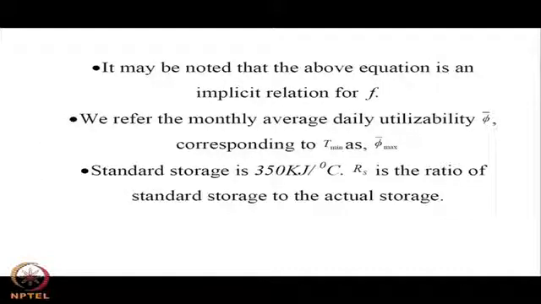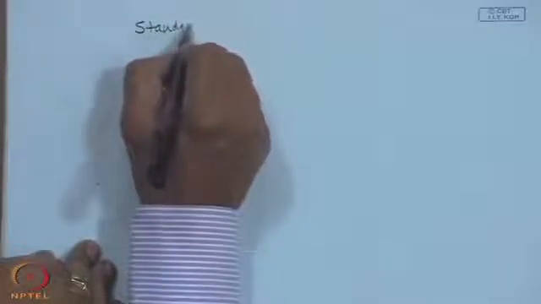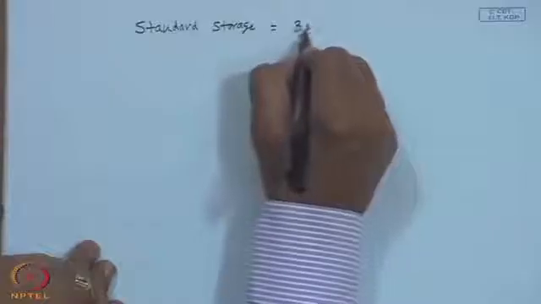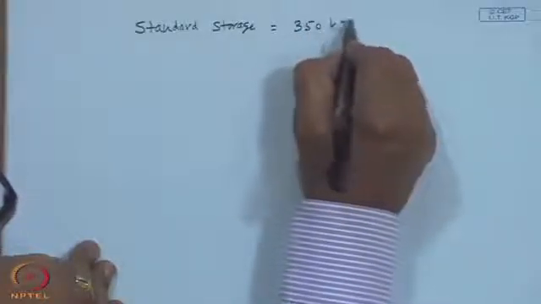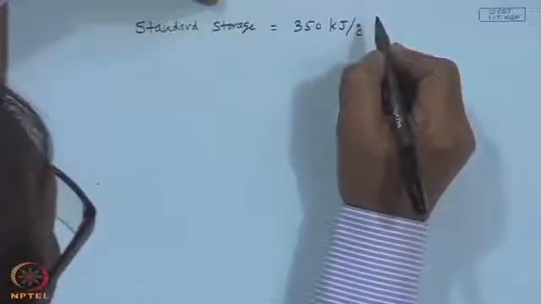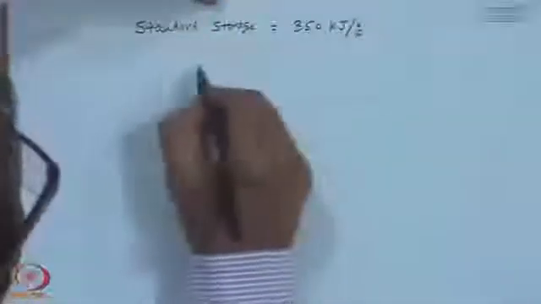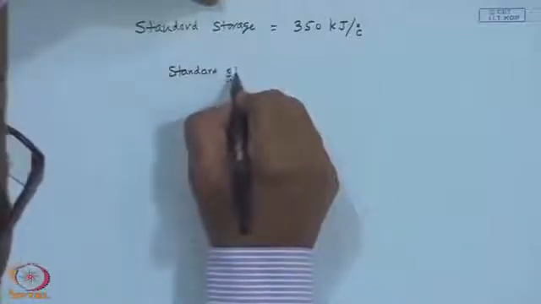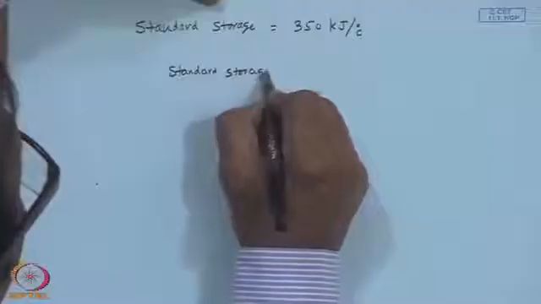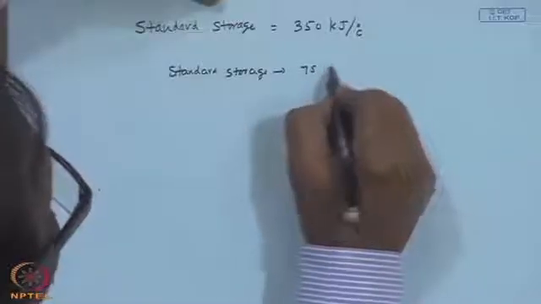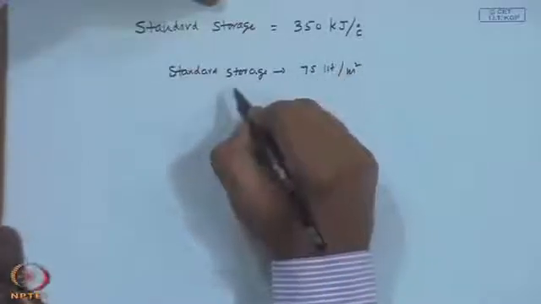So, this is what I have already written over here, and standard storage I should tell you is 350 kilojoules per degree C. Now, in the case of liquid based systems, previously in the case of F chart correlation, standard storage is considered to be 75 liters of water per meter square of the collector area.